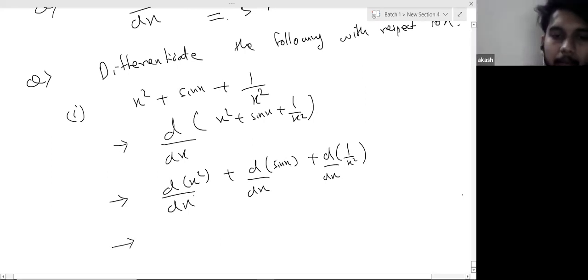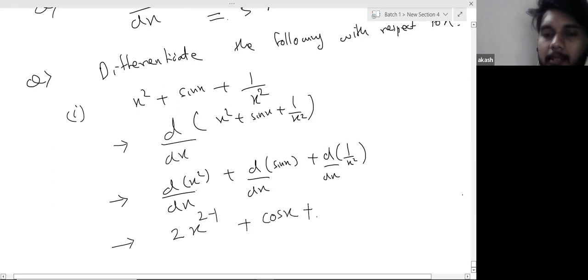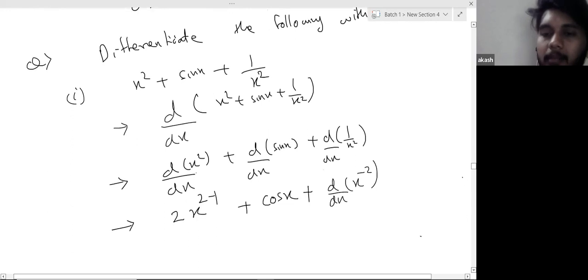In the first part, this is the x raised to the power n formula, so that is 2x raised to the power 2 minus 1, plus differentiation of sine x, which is cos x, plus here 1 upon x square, so I can write this as differentiation of x raised to the power minus 2.